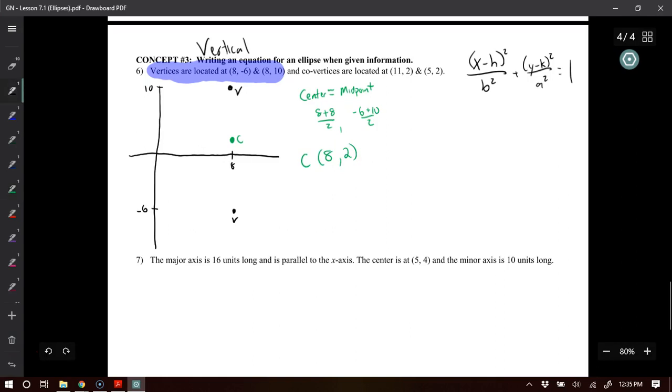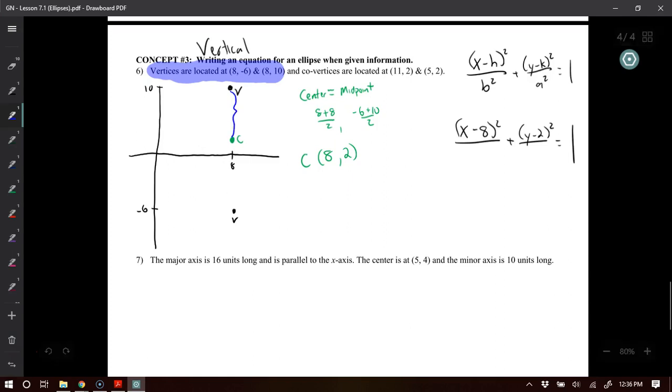That is my center. That gives me HK. I mean, look at this. I now know it's x minus 8 squared. I have no idea what b squared is, though. I have y minus 2 squared. I don't know what a squared is, though. Equals, I'm really only missing 2 things now. I really have like half my answer there. Well, I know what a is. A is the distance from the center to the vertex.